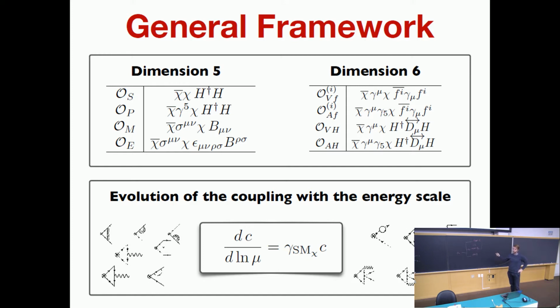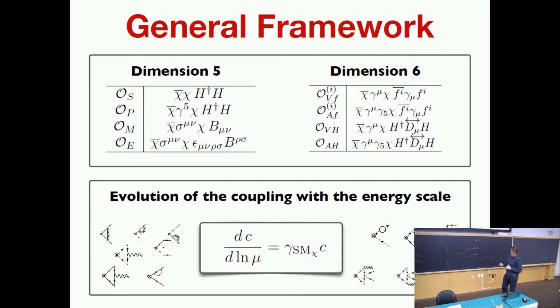The output of these calculations are differential equations where the variables are the couplings of dark matter, so the coupling as a function of the energy scale mu. This is just a schematic notation, but a set of coupled differential equations where the variables are the couplings of dark matter, and these equations describe the way they evolve with the energy.